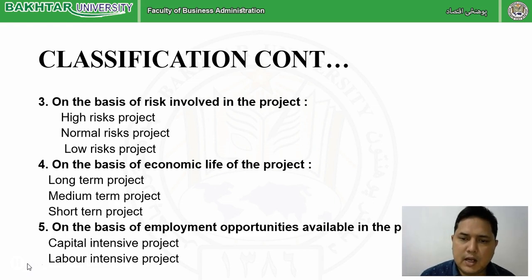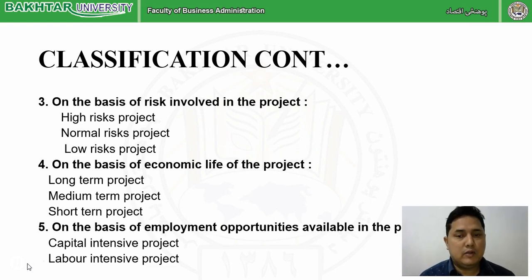Some projects are very highly risky, you are uncertain about their success, but those projects that are highly risky also have a chance of getting high profit. Like something which is very new to the world and you have invented it, now you are going to take a risk to develop that thing.